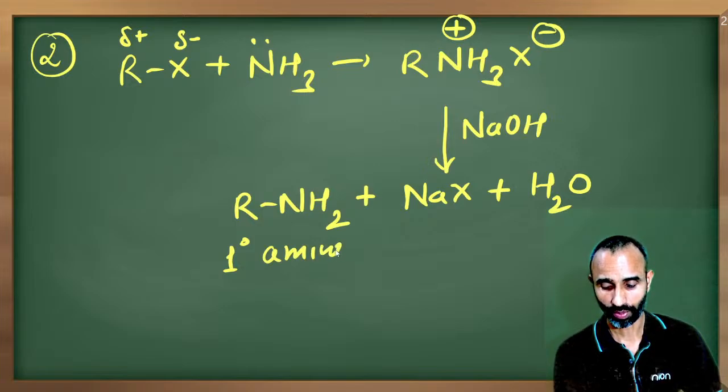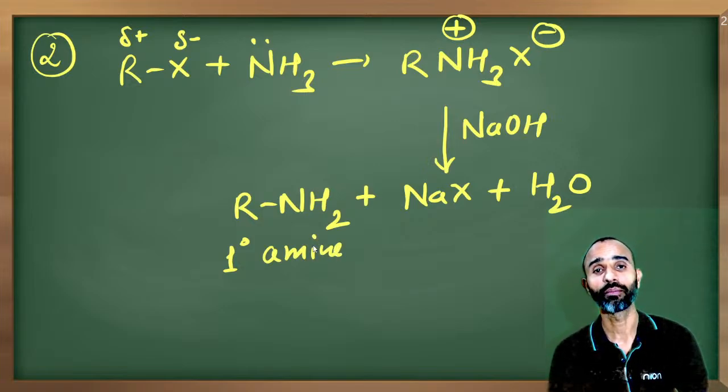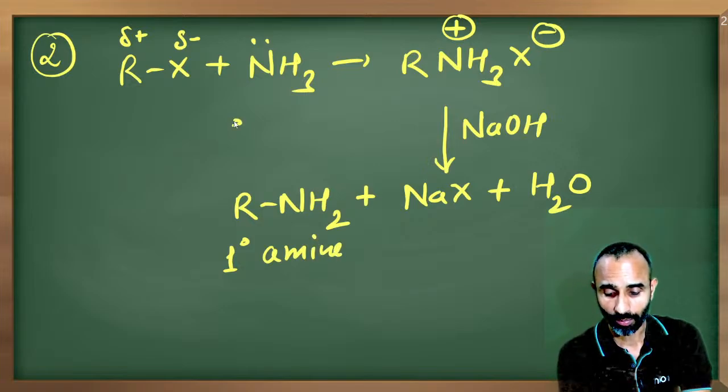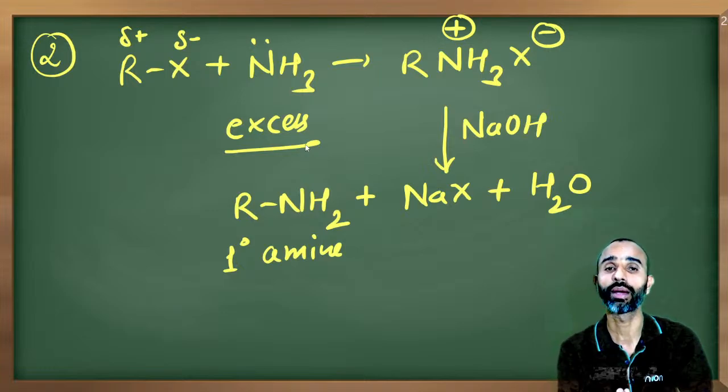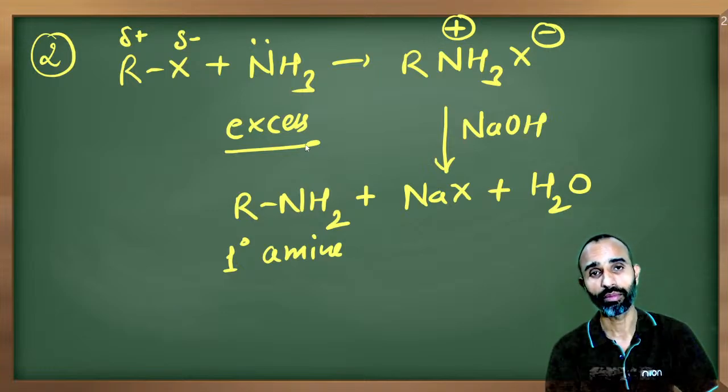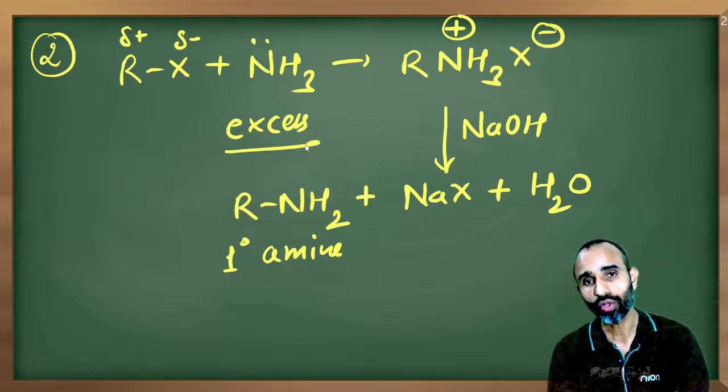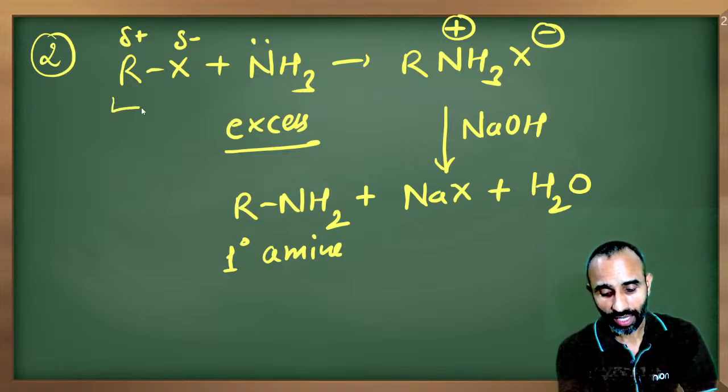Primary amine is formed as the major product if ammonia is in excess. So this is the condition applied, that to get primary amine as the major product, we should use ammonia in excess so that all the alkyl halide is used up.